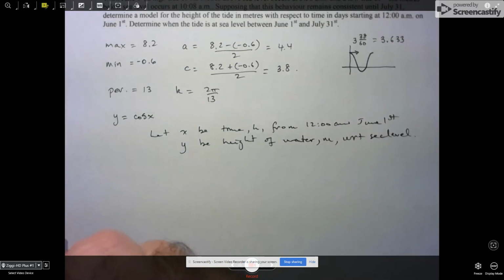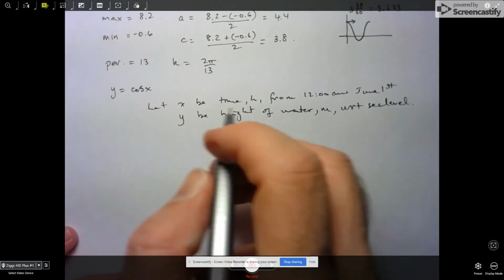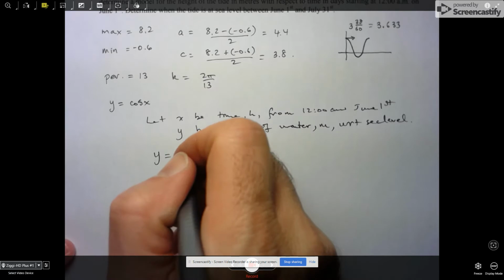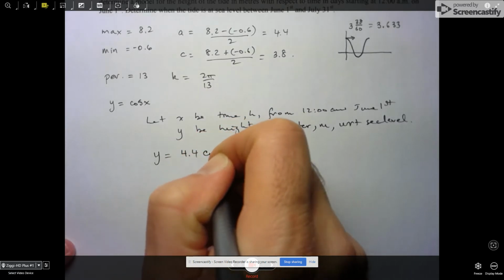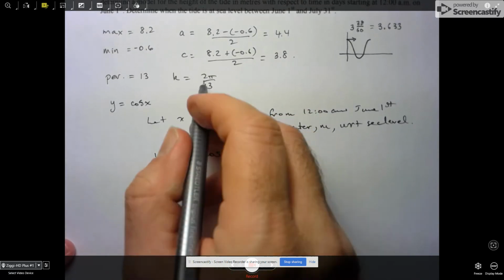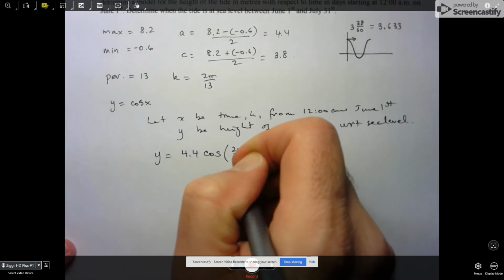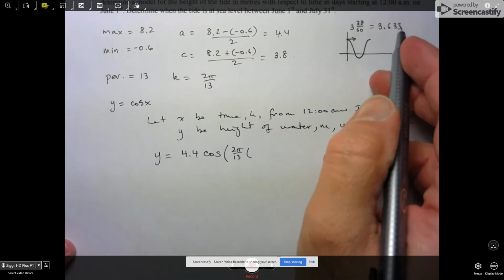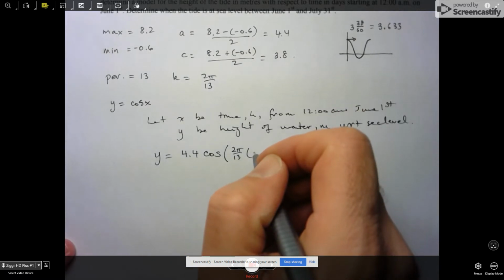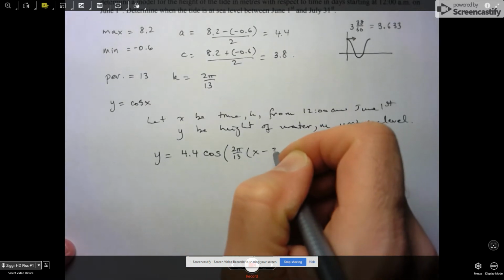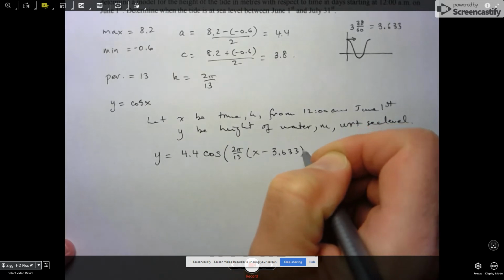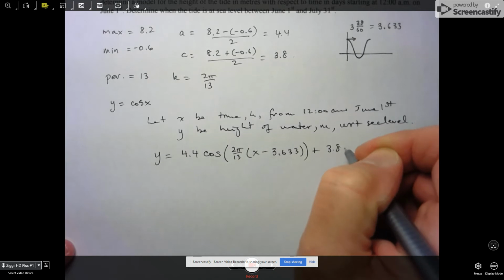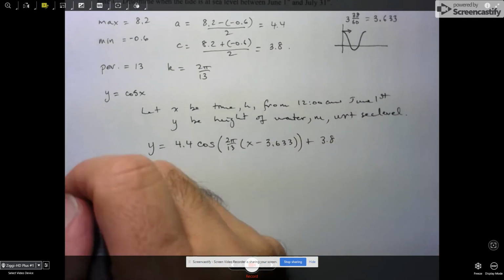All right, so there's our variables, and so now we can write down our equation. So y is going to be equal to, our A value is 4.4. We're using positive cosine. Our K value is 2 pi over 13, and we need a phase shift of 3.633 to the right. So that's going to be x minus 3.633, and then plus our C value, which is 3.8. All right, so there's our model.